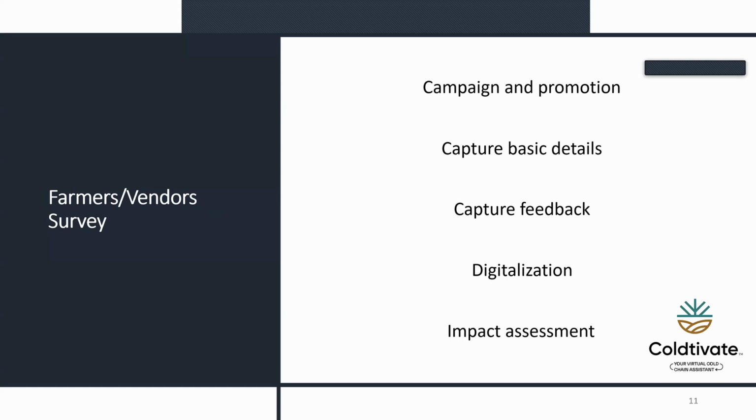What we understood is that in order to create awareness about the cold rooms that are going to be installed or are being installed, at least the farmers and the vendors should know where it is installed and the benefits of using the cold rooms.